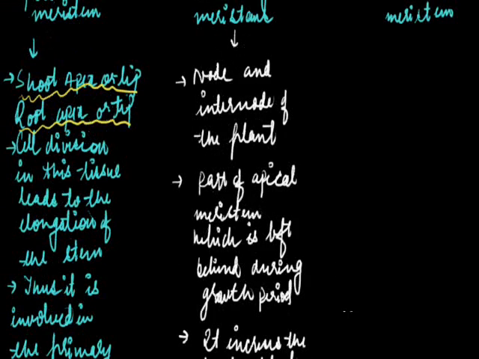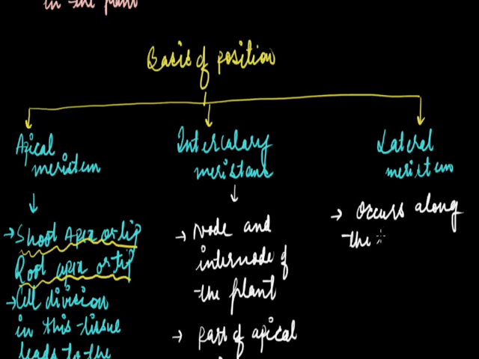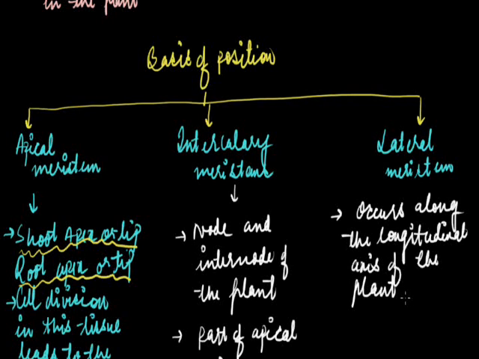Now coming on to the lateral meristem, it is also called secondary meristem. It occurs along the sides of the longitudinal axis of the plant. What is the function of lateral meristems?